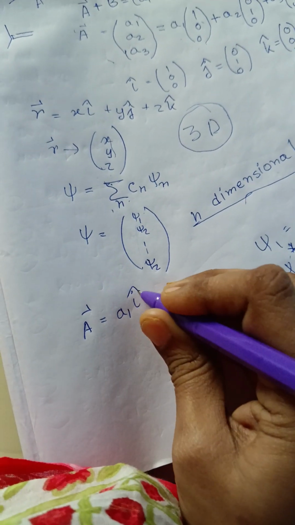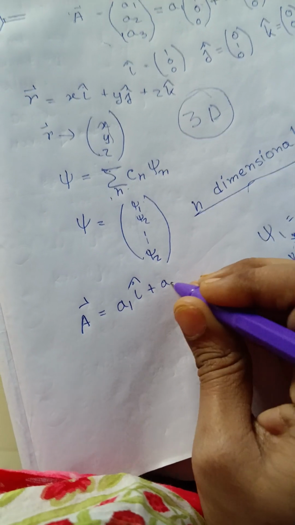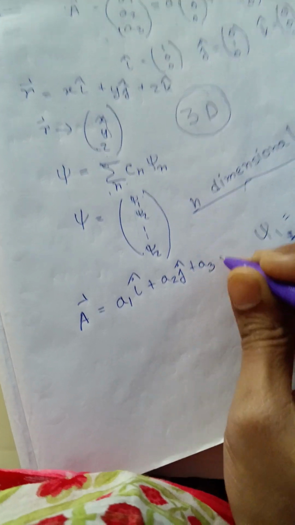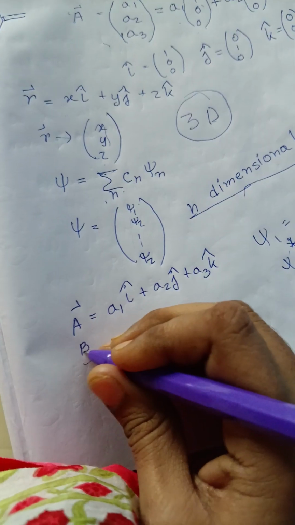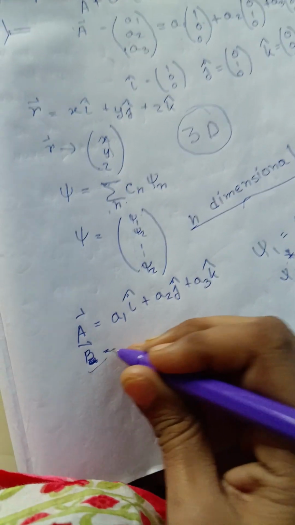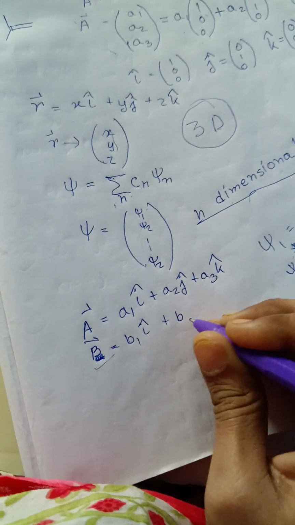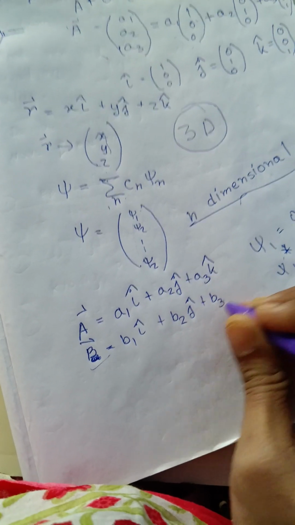So, A vector, which is represented as A1 i cap plus A2 j cap plus A3 k cap. And let me consider another vector B as B1 i cap plus B2 j cap plus B3 k cap.